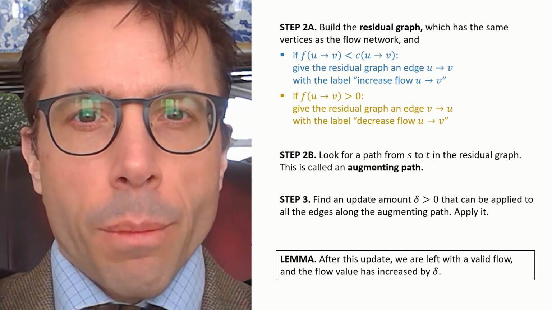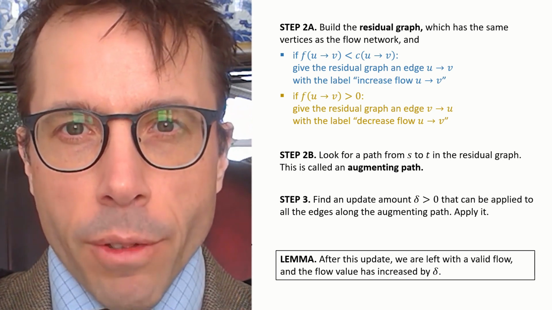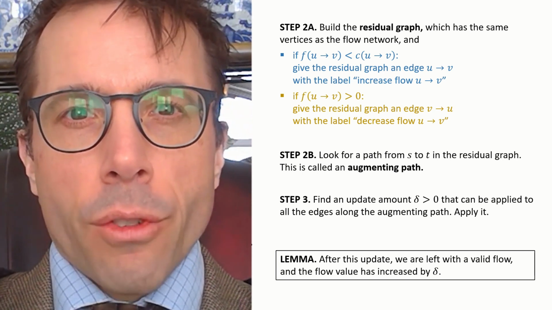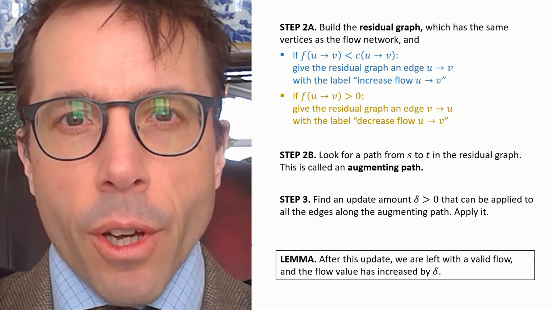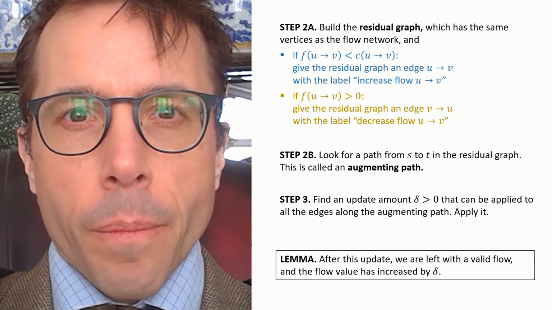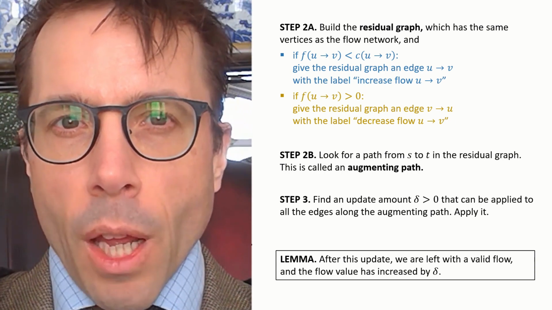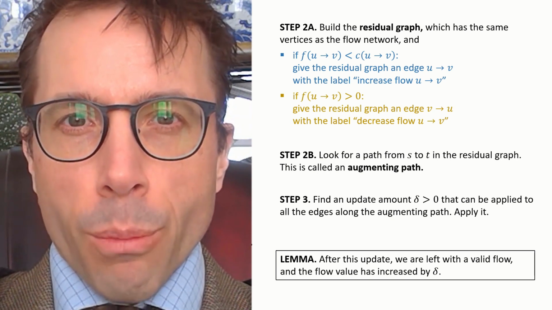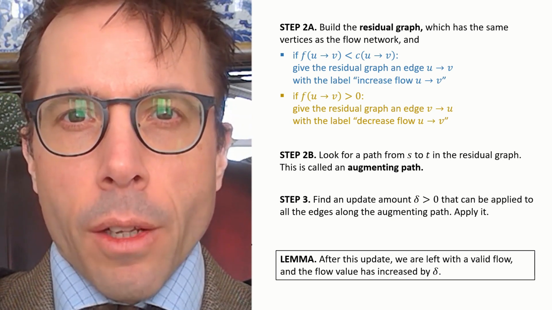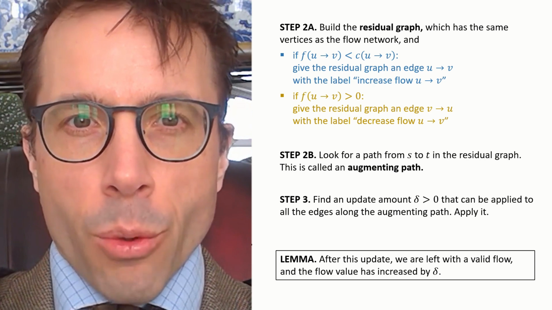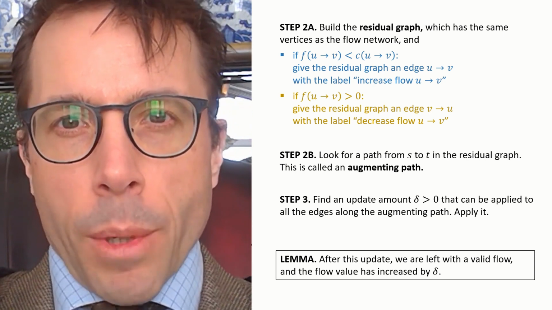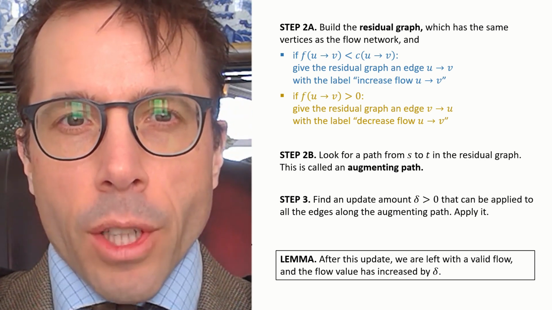First, it has to be between 0 and capacity on every edge. Second, it has to satisfy flow conservation at every vertex, apart from the source and sink. You should be able to persuade yourself of the first property fairly easily, that this update still leaves the flows between 0 and capacity on each edge, because that's just how we chose the update amount delta.